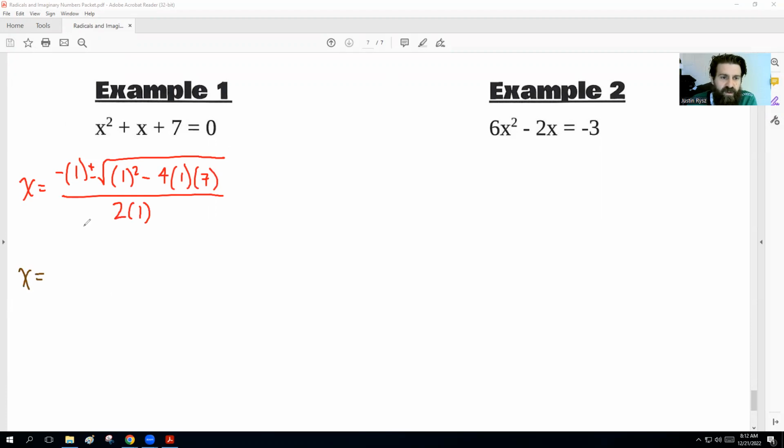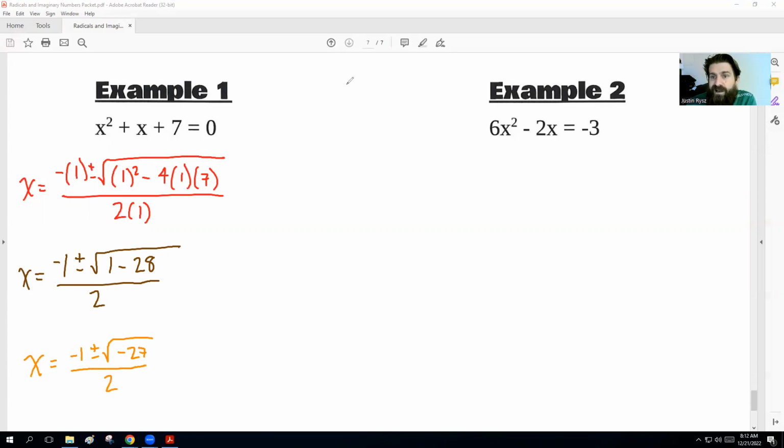So then if we plug it in or multiply, we got negative times 1 is negative 1, plus or minus the square root of 1 squared is 1, minus 4 times 1 times 7 is 28. And then 2 times 1 is 2. All right, so we get negative 1 plus or minus the square root of negative 27 over 2.